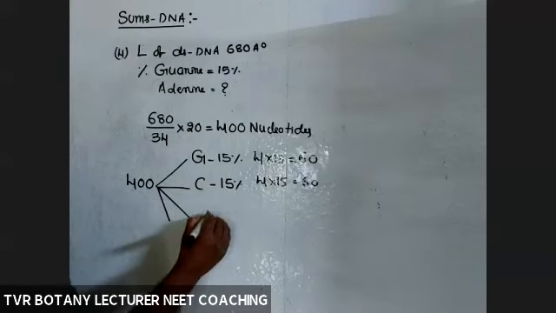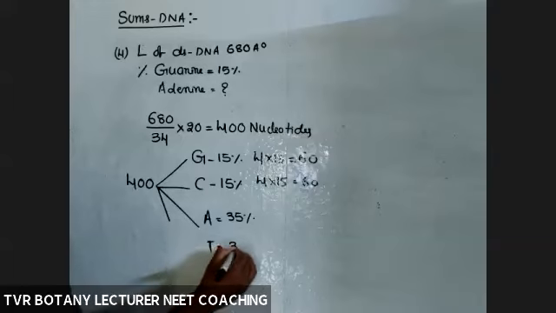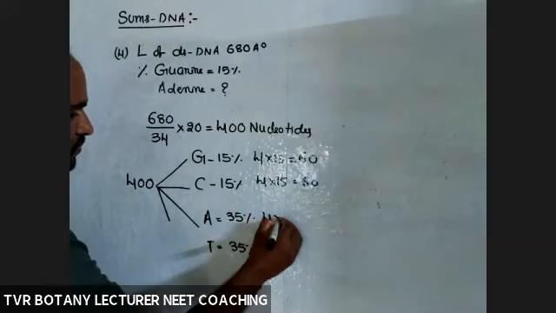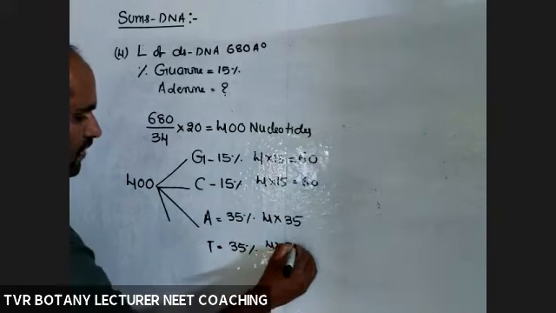So 15, 30%. Remaining percentage how much? 70%. Yeah, 70. A and T, 70 divided by 2. 35%. So 4 into 35.